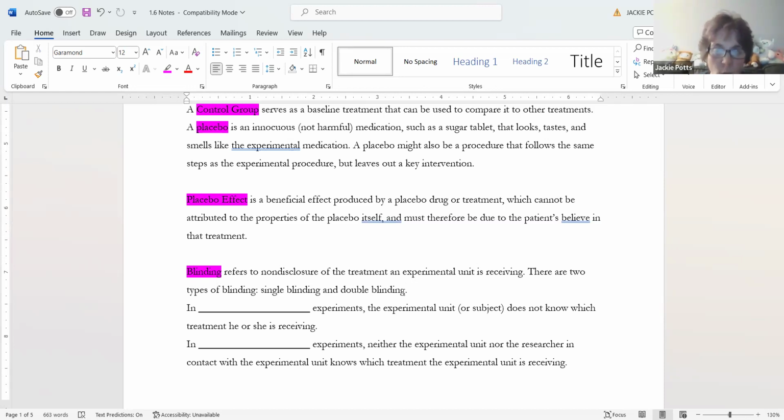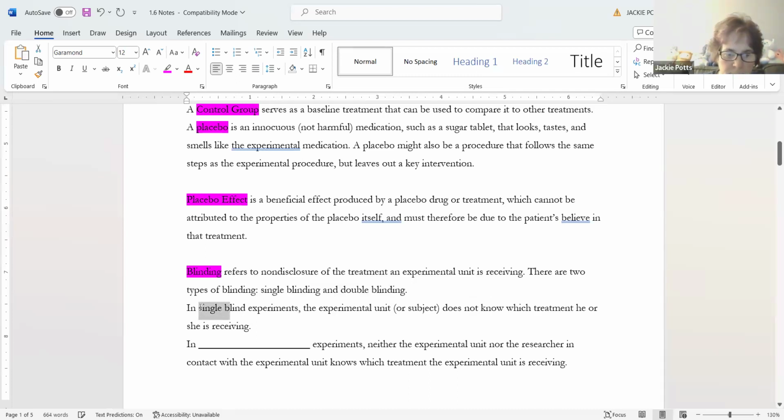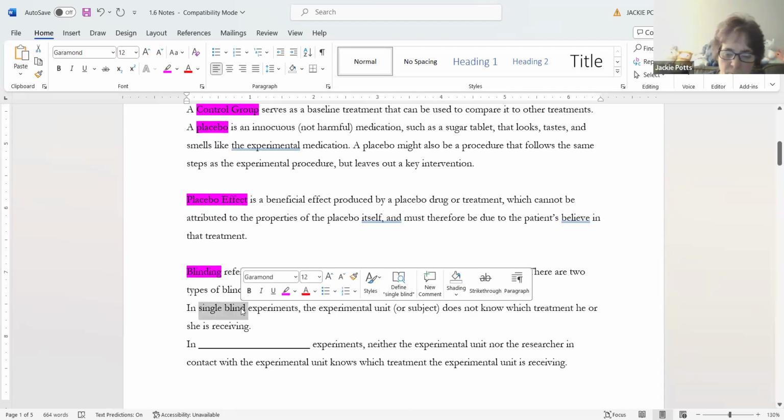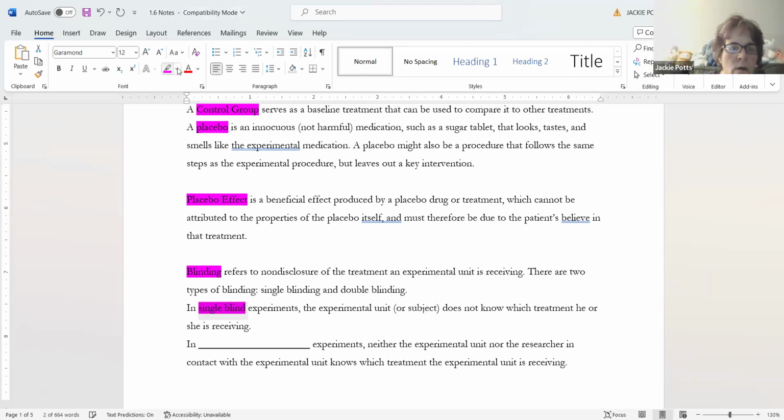Now, there are two forms of blinding. We have the single blind. Blinding happens when, definitely, the patient never knows.